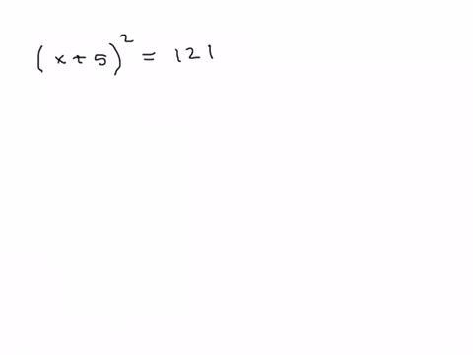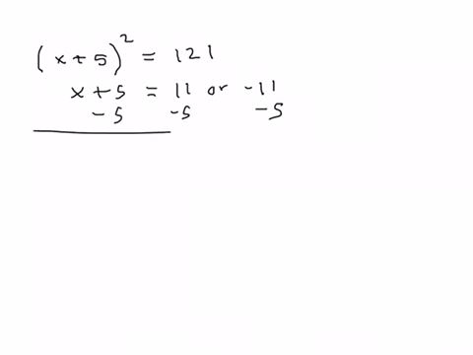I got something squared equals 121, which means that thing must equal 11 or negative 11. What was that thing? Well, that thing was x plus 5. Subtracting 5 from both sides, I get x equals 6 or negative 16. Okay, that's cool.